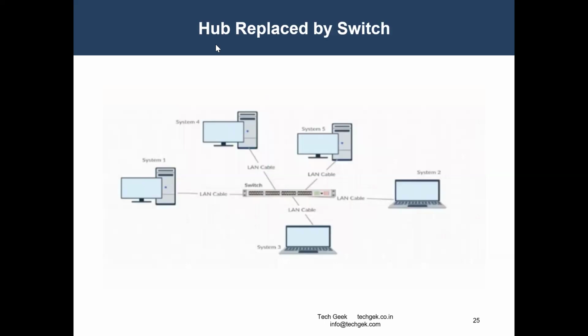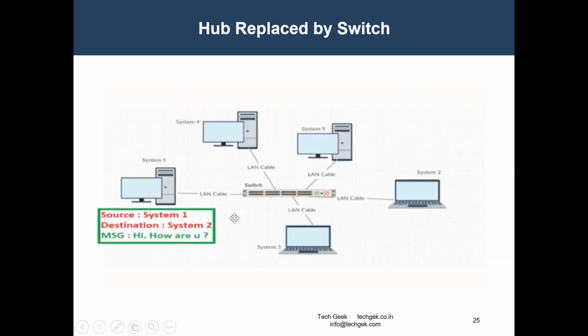Here, if I'm sending a message from one system to another, only that particular system receives it. Even though all the devices are connected to the switch, it forwards data only to the particular machine, because it is sent using the MAC address.